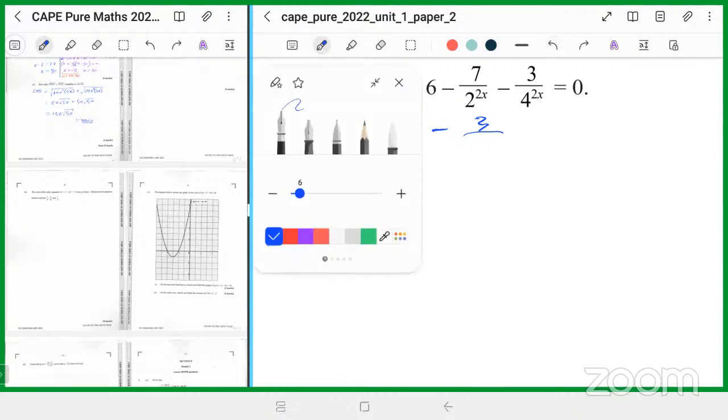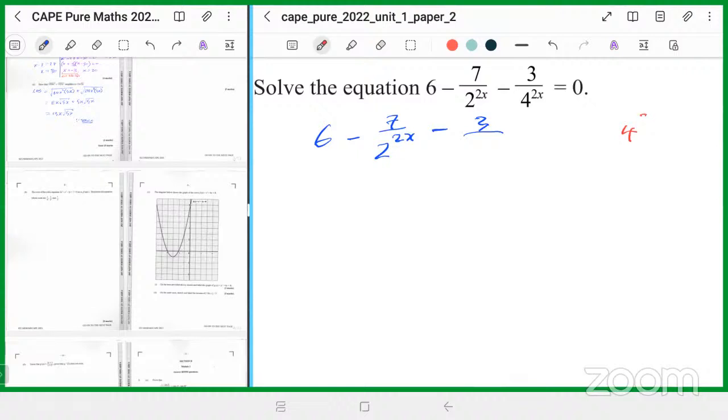The 4 to the 2x is the same as 2 squared to the 2x, which is the same as 2 to the 2x all squared.